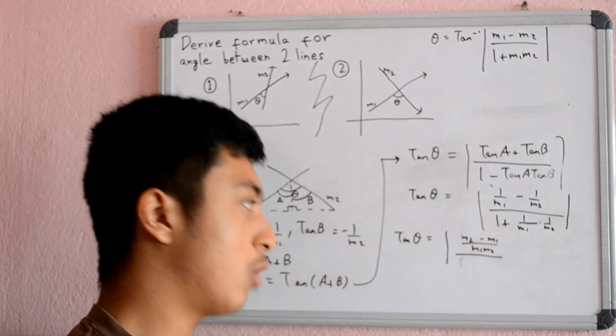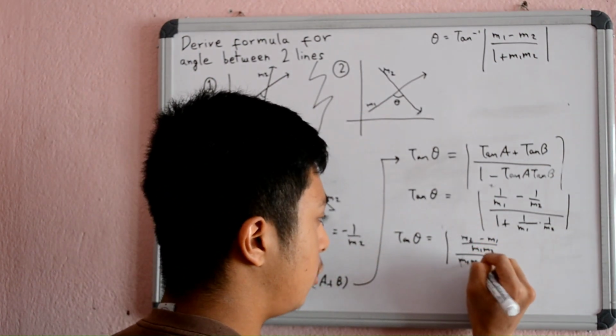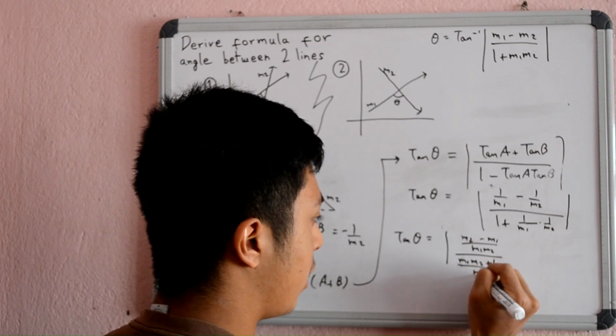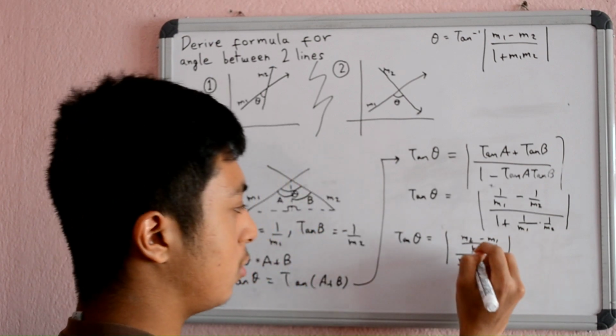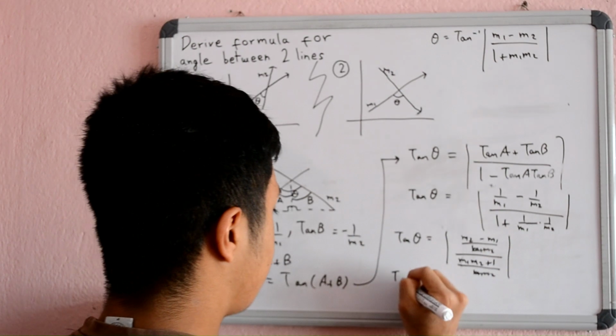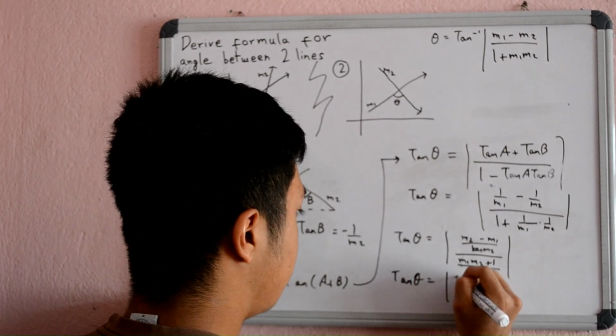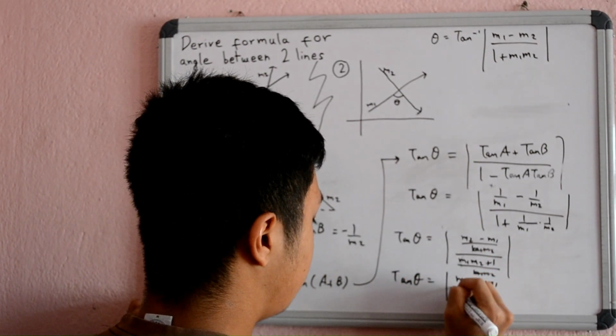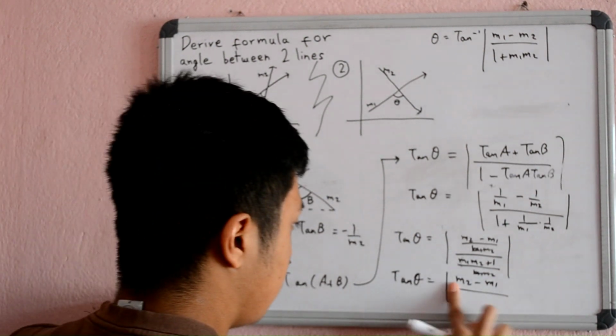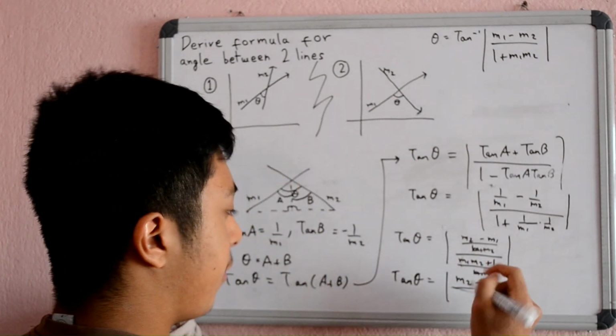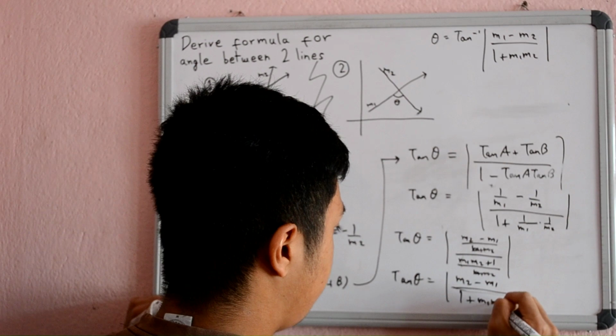We can take the 1 by m1 m2 common, so this is m1 m2 plus 1 by m1 m2. So this and that cancel, giving us tan theta equals m2 minus m1 by, rearranging that, 1 plus m1 m2.